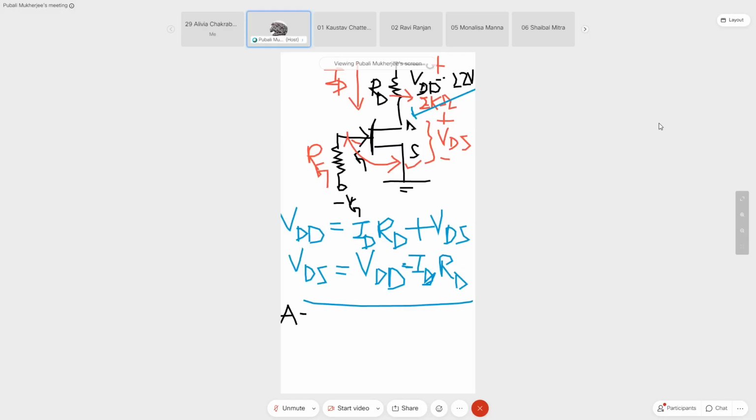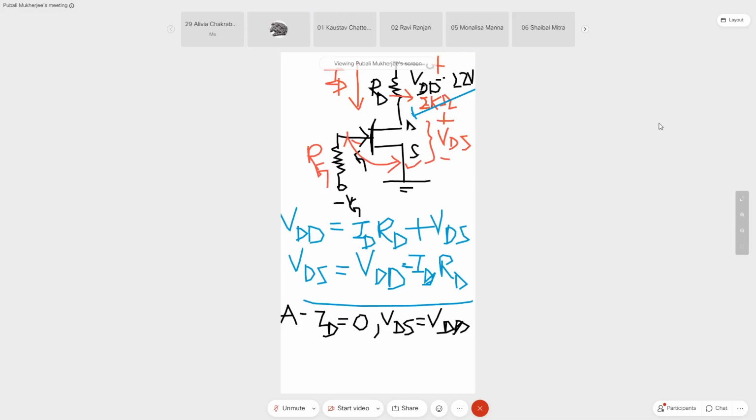What is the value of VDS for point A? If ID equals 0 in this equation, then VDS is equal to VDD. Fine. VDS is equal to VDD.